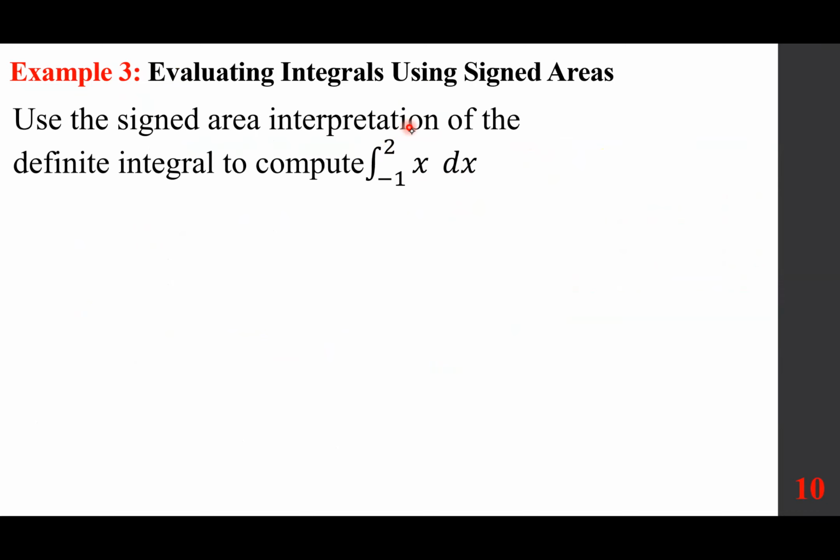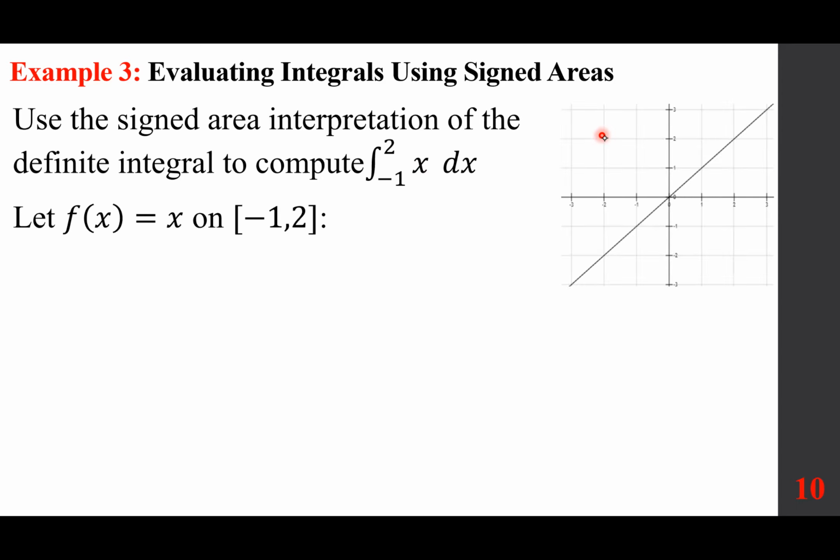So notice we are dealing with f of x equals x in the interval of -1 to 2. As you know, y or f of x equals x is a line that goes through the origin. So this is the line. This portion is above the x-axis and it's positive. This portion is below the x-axis and it's negative.